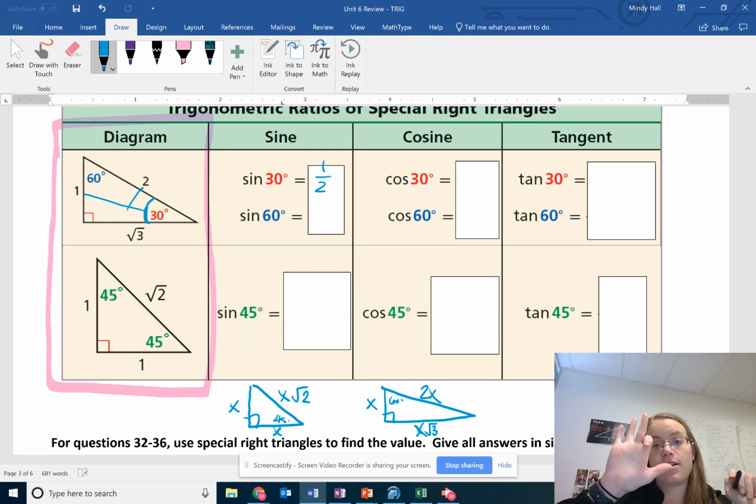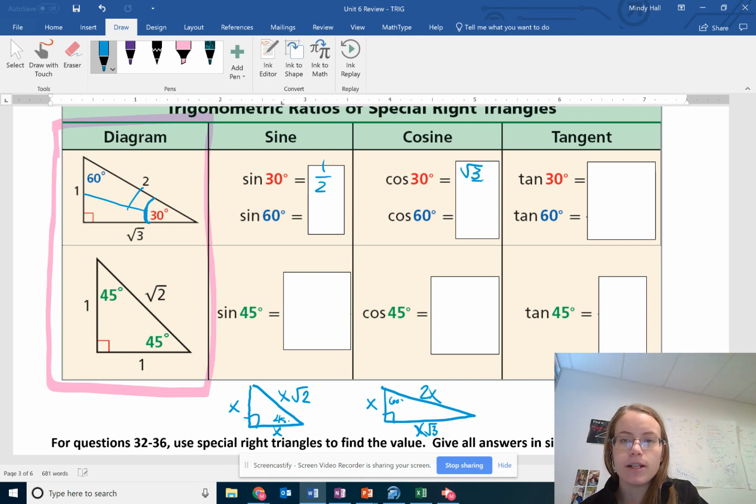For cosine of 30, using your hand, it is square root of 3 over 2. And tangent of 30 is sine over cosine, so 1 over square root 3. When you rationalize it by multiplying by the square root of 3, you get square root of 3 over 3.